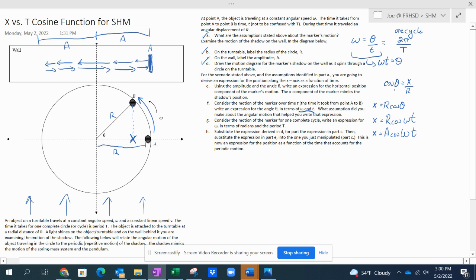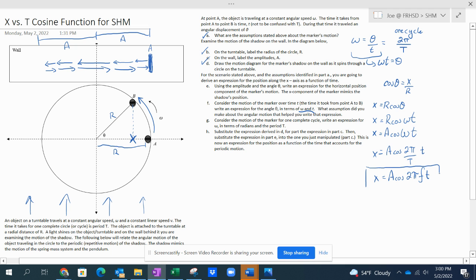Finally, we're looking at this for one complete cycle, so I can write this as x equals A cosine of 2 pi over T times little t, or the way it's written on your equation sheet, A cosine of 2 pi times the frequency times time.